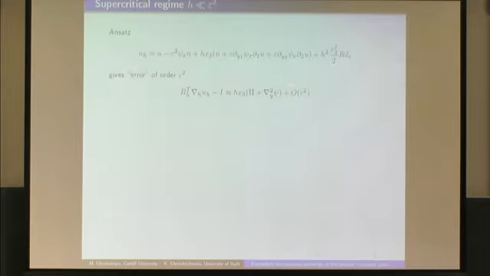So the error will be of an order smaller than the main term. But in this case it's not true. It's not true when h is of order epsilon squared. The error is not an error anymore. It's a main term of the same order as the first one. And if h is much smaller than epsilon squared, this is the main order term. So something goes wrong here.